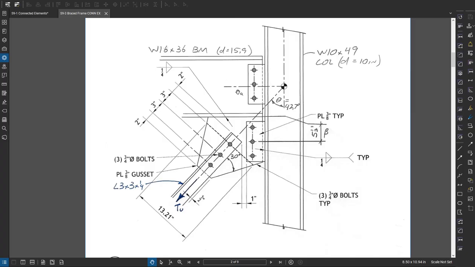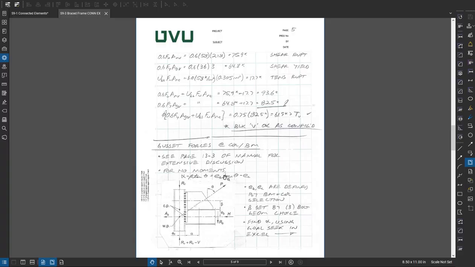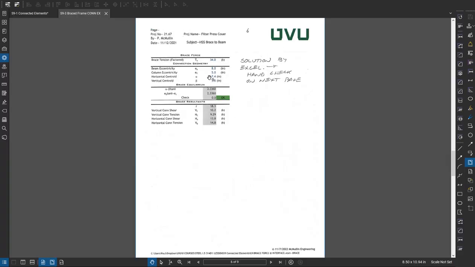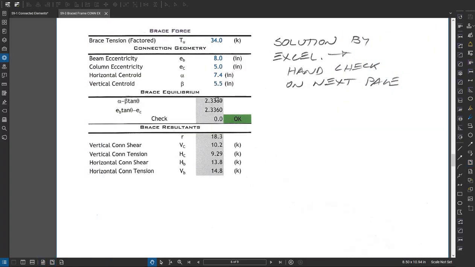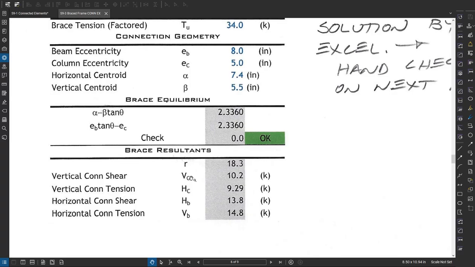Those dimensions are given by the choices of members. That just leaves one variable in this equation, so I use goal seek to set that equal to 0, which is just those subtracted from each other. Then I goal seek on that alpha term to get a no moment situation. And then these VC, HC, HB, VB are those interface forces.